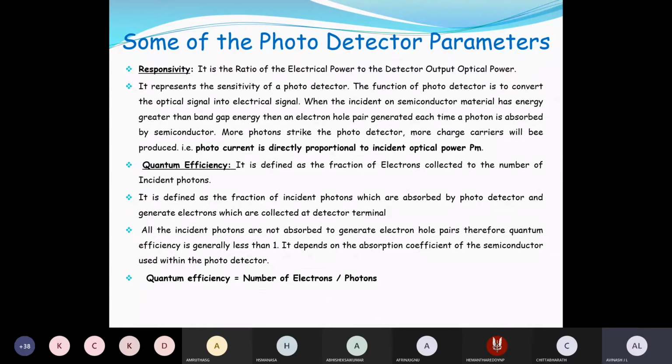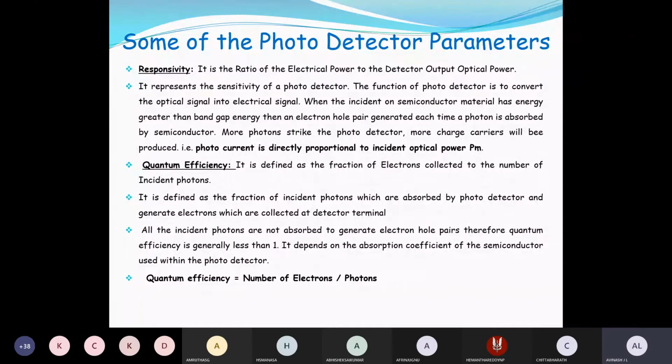That is why quantum efficiency will generally be less than 1. It depends on the absorption coefficient of the semiconductor used in the photodetector.